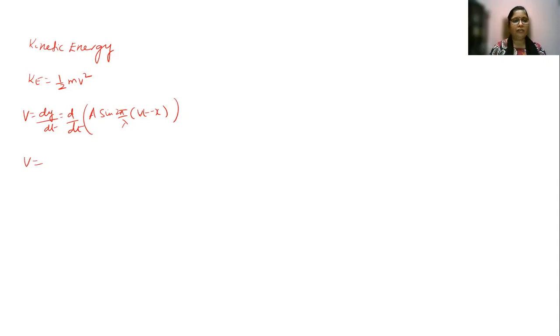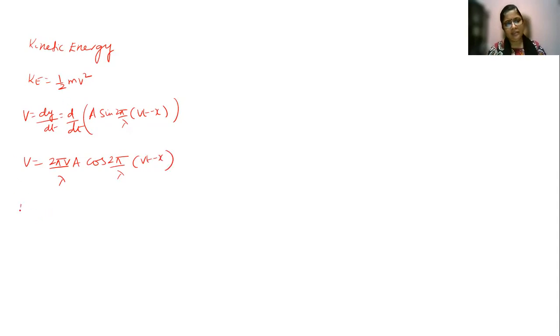So what is the coefficient of t? The coefficient of t is 2 pi v by lambda, so that comes here. Differentiating sine will give you cos. So v is 2 pi v by lambda a cos 2 pi by lambda (vt minus x). This is the expression for velocity.